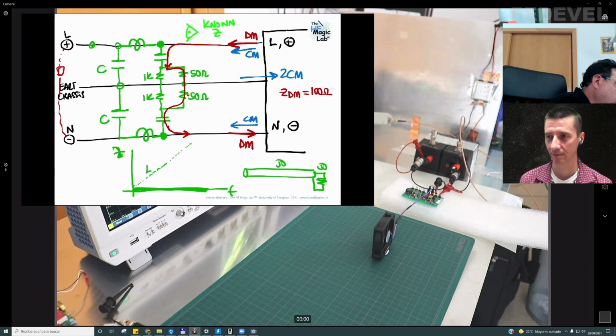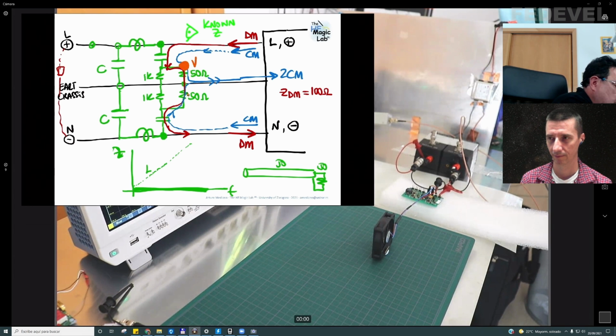Look at this. The common mode is taking this path, is going to this resistor, is taking this path, and is returning in this direction, and the other is taking this path, and this path. This is the idea. But the voltages you will be measuring, remember, are this voltage.